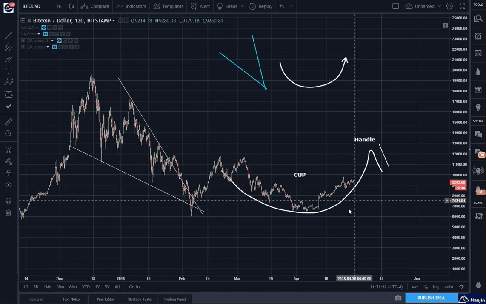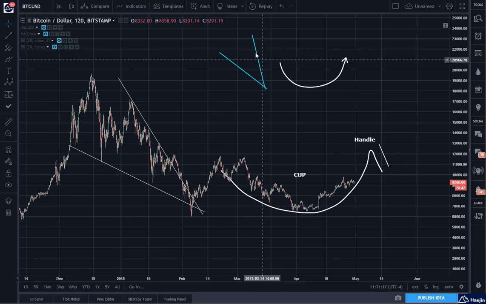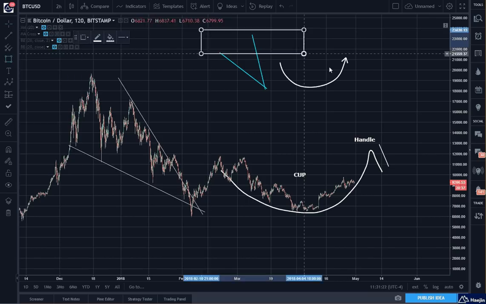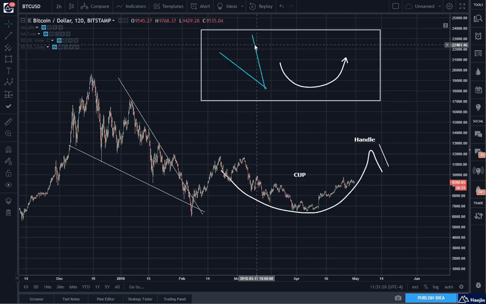So what I'm thinking is like this. If we have this, the sequence of a wedge and a rounded pattern sequence of consolidation, that's exactly what we're looking at.